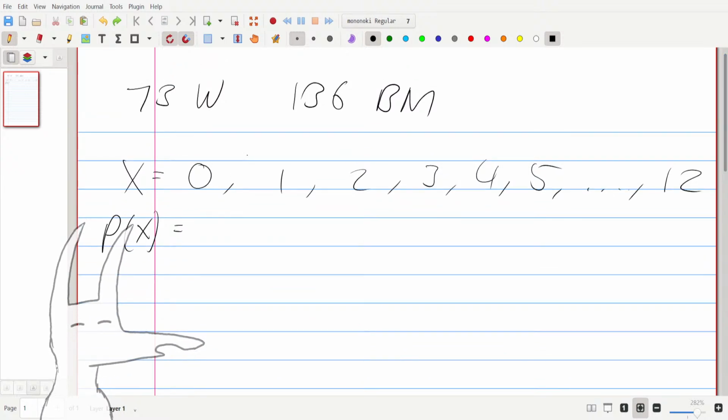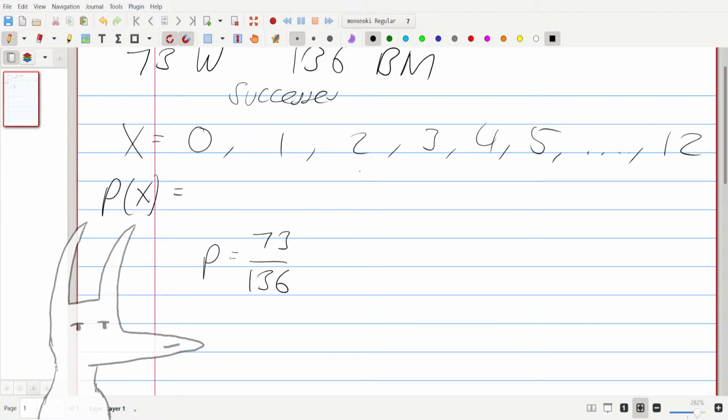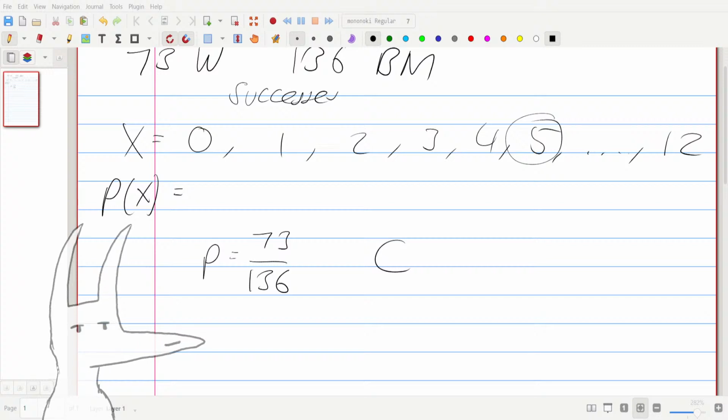Basically, x can be thought of as the number of successful attempts, successful trials, successes. And the success will be when we take a white marble out. So we need 5 successes. So the probability of success here is just 73 divided by 136. To do this, let me look at the formula.